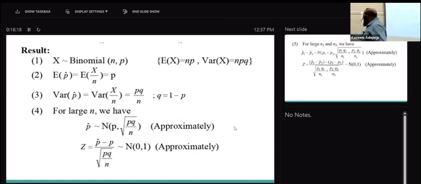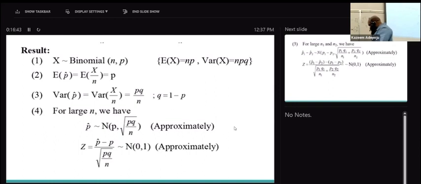Now, if the expected value of P cap equals this, we need the variance of P cap. If you take a look at what we're doing now, the variance of P cap will be the variance of X over N. Don't forget, P cap is X over N. N is a constant. If N wants to come out, it's going to be 1 over N squared.